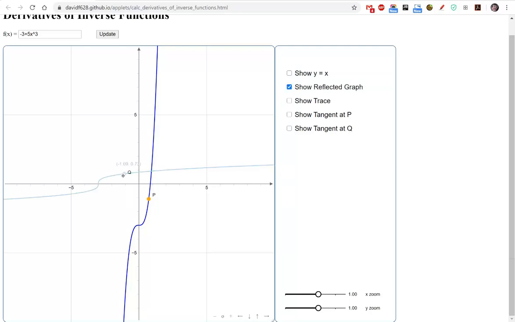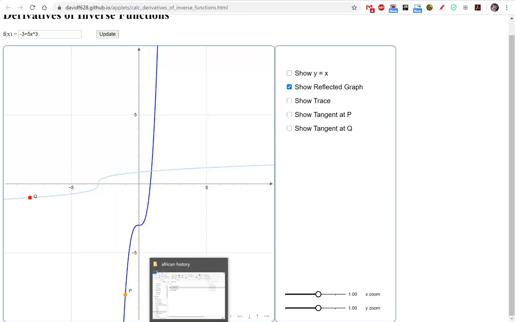So what I'm looking for is x equals negative 8 on the inverse function. If I drag, well, I can't drag Q actually. I can drag P and Q just follows along. So I want to drag Q to where x is negative 8 there. I'll just get it as close as I can because it can't be perfect. So here I am where x is negative 8 and y is negative 1. So here's the thing.